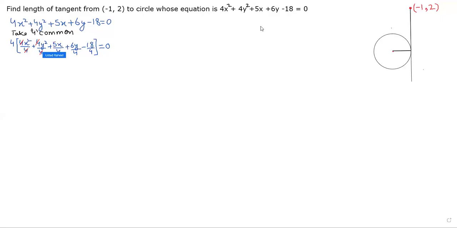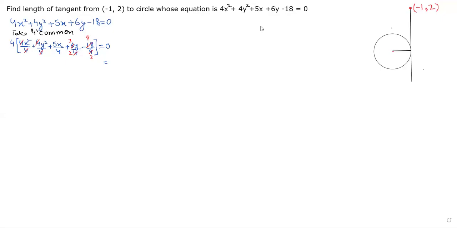5x over 4 cannot get cancelled, and 6y over 4 becomes 3y over 2, and 18 over 4 becomes 9 over 2. And this 4 which is written over here, I will shift to the other side, so it will become 0 upon 4.